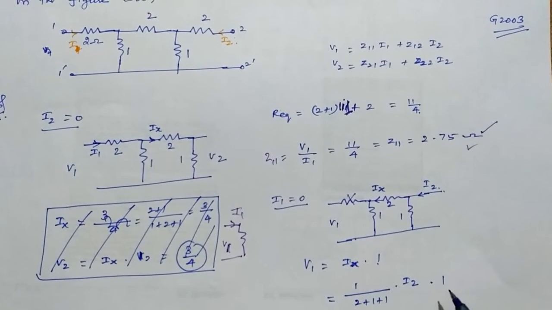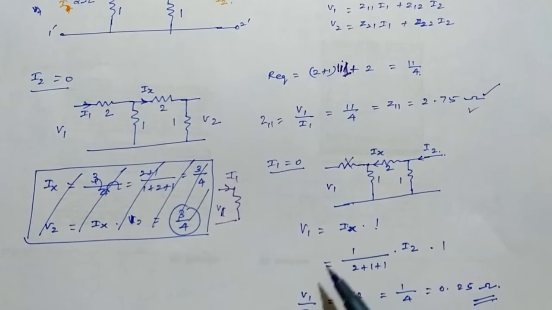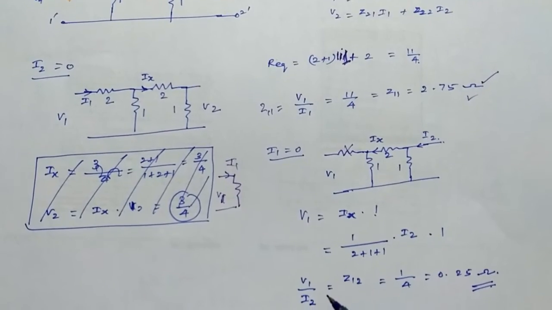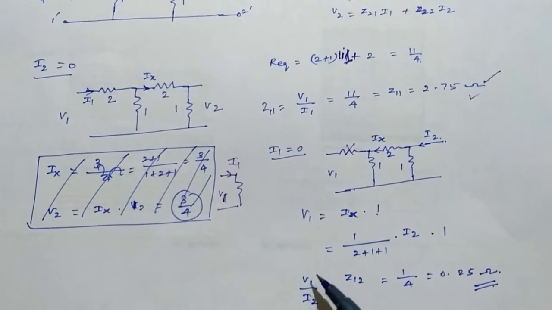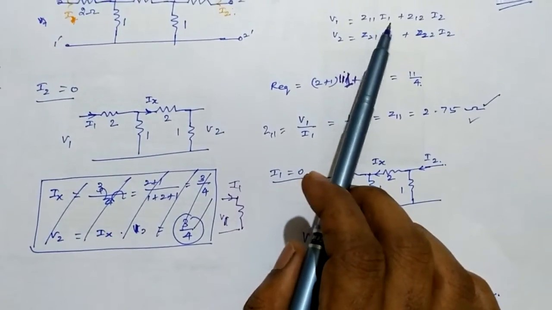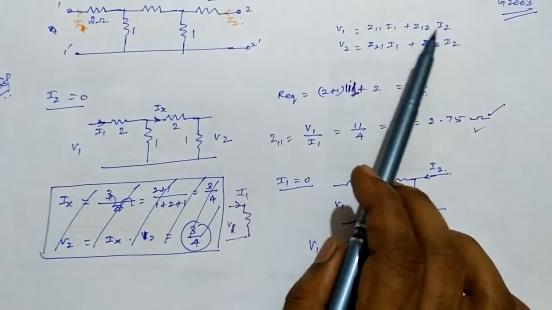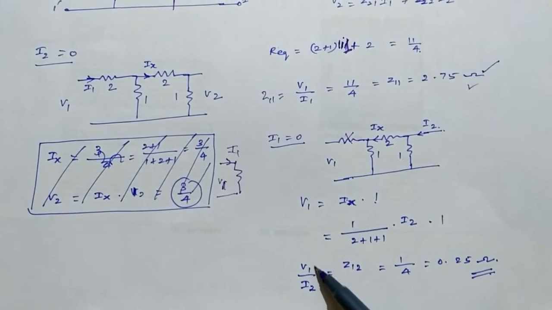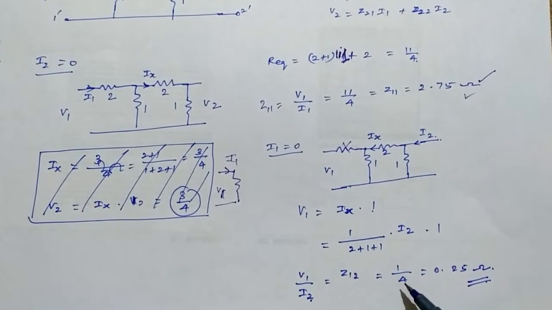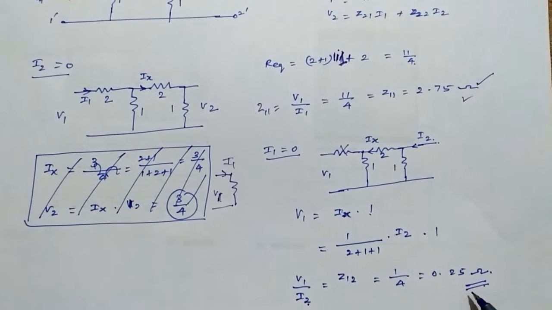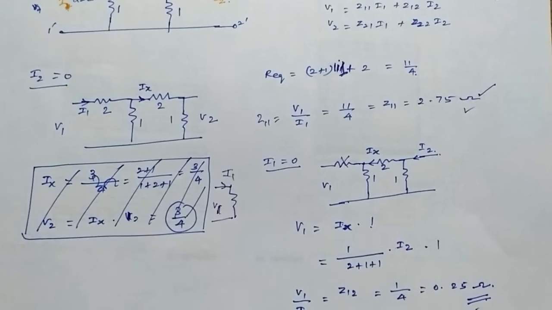Simplifying, we need V1 by I2, which is Z12. Z12 is equal to V1 by I2, so bringing I2 to the left side, that is equal to 1 by 4, which is 0.25. So this is the answer.